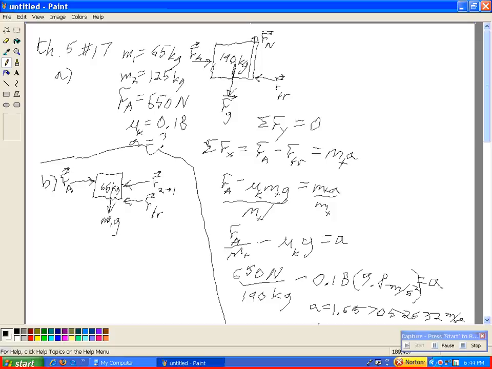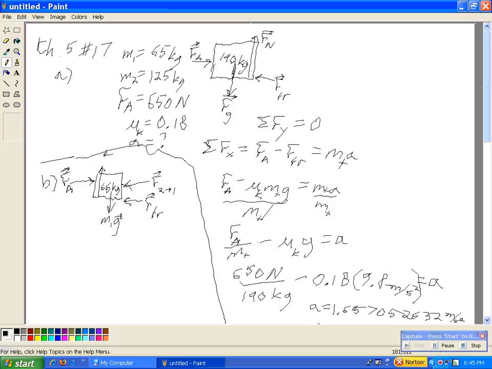With this, the mass is not a vector, so that doesn't need an arrow. But gravity is an acceleration, and an acceleration is a vector, so you put an arrow on that. Okay. So there's the normal force. I didn't draw it.